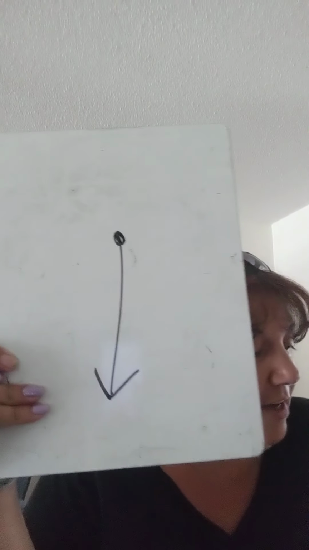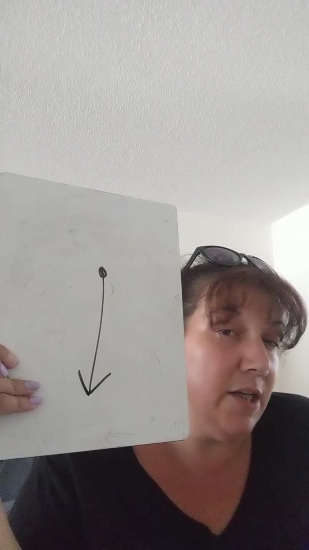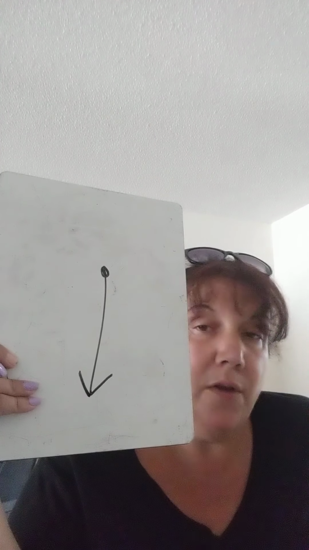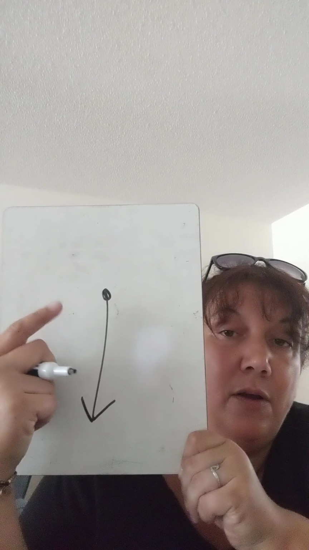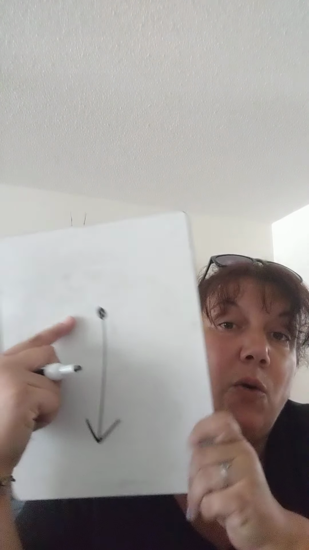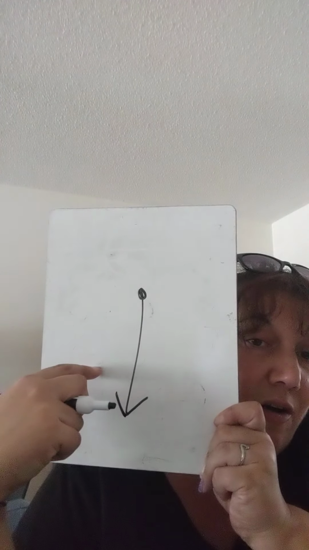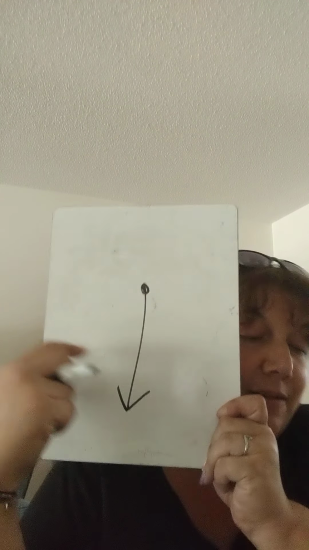It goes down. Brittany says there's two endpoints. Is she correct? Let me hear you yell it. Is she correct? Yes or no? No, she's not correct. How many endpoints does she have? One endpoint, which makes this called a ray.